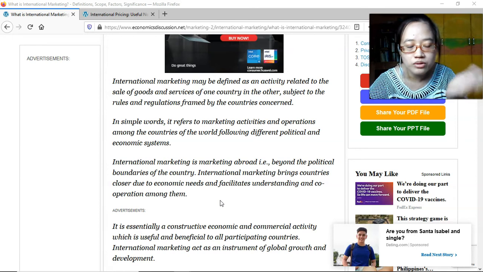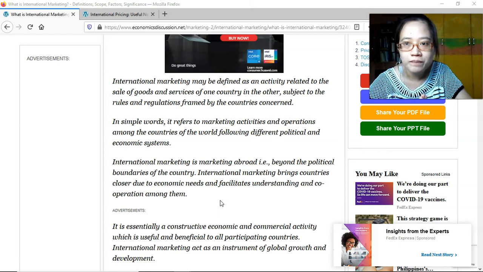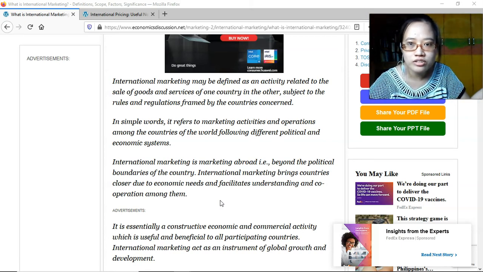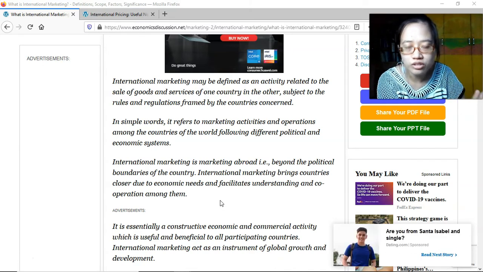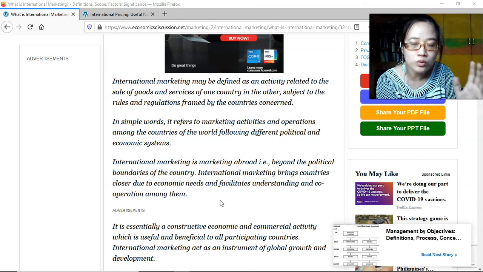Sometimes there are goods and services that are cheap to produce in a particular country. They have the resources needed to produce a product or service, normally products, right? And then you have this other country and they have different natural resources. So it's possible that they don't have all the resources needed to produce a certain product, and it would be cheaper for them to simply import the products of another country.